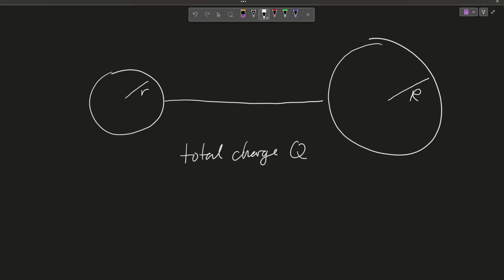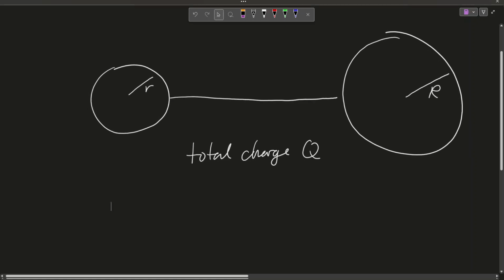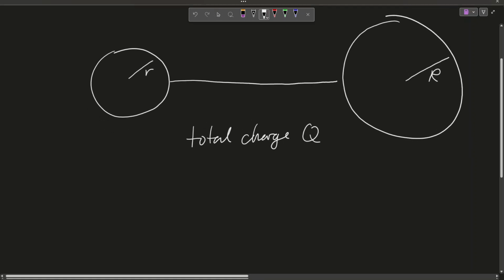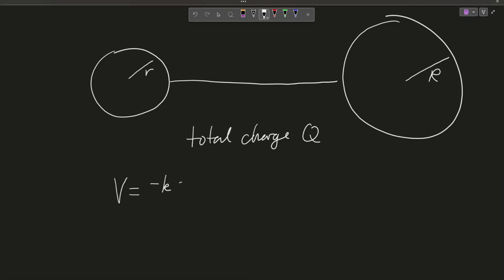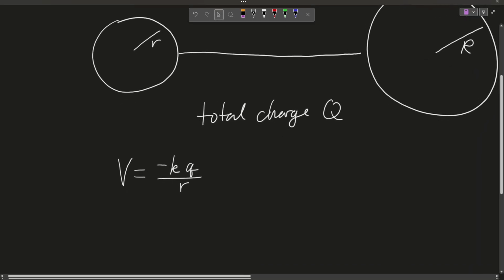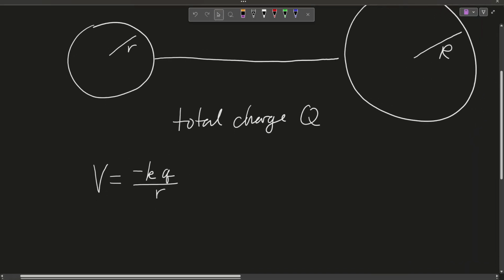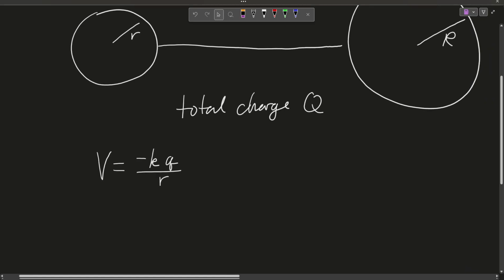So whenever we solve a problem like this, where we're looking at an unchanging state, we know that the potential difference anywhere in the conductor must be zero. So we can set up an equation just using the formula for the potential near the surface of a sphere of charge, which is kq over r.